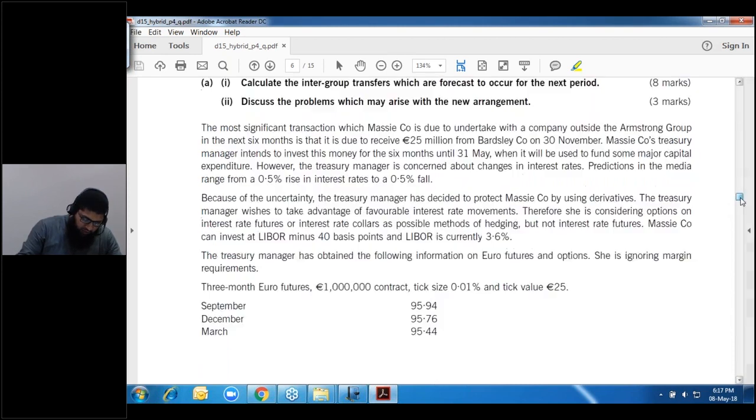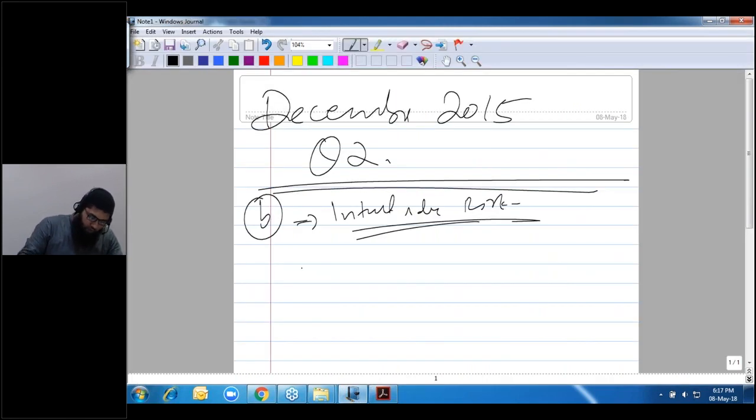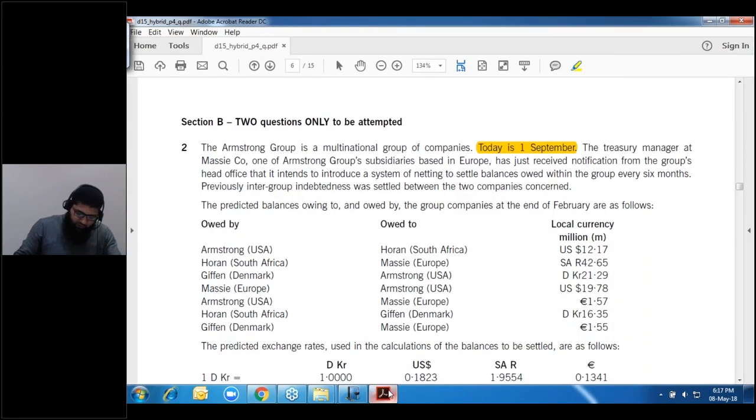We would be needing the relevant information from the top part of the question, which is that today is 1st of September. The important thing when dealing with a question is to know the important dates. So now is 1st of September.